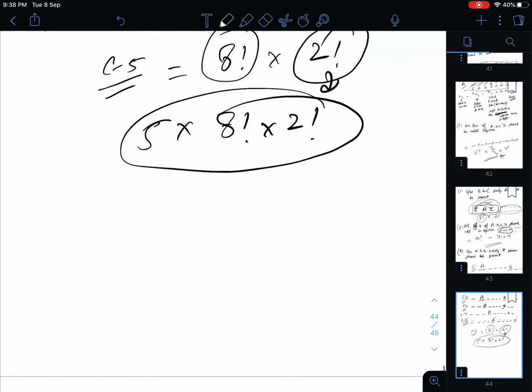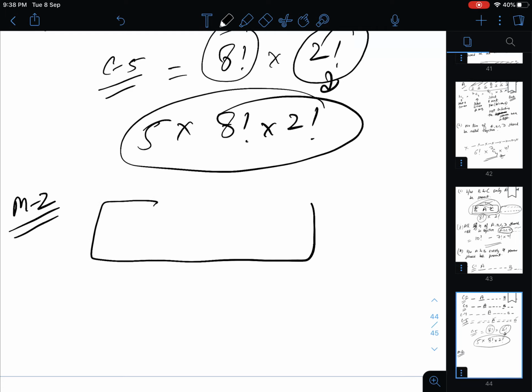Now there is one more method to do this question, and that is, you make one unit. Let's say A is here, put 4 people here, and make a unit of 6 people. Okay, and then you have remaining 1 2 3 4. Now think like this.